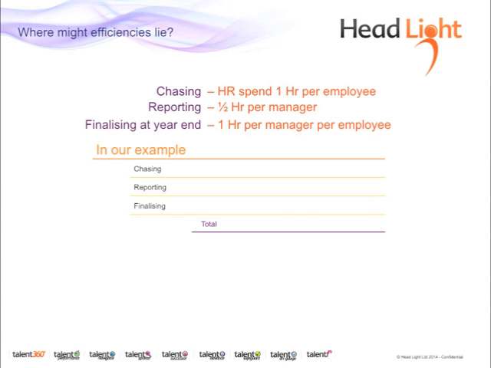If we look at simply chasing employees to get things done, at the reporting required for every manager around team strengths, team goals and objectives, team status, and at the whole finalisation process, which invariably comes towards the end of the year, around finishing off the reviews and providing final ratings and scores that may be used for pay and reward or bonus, then on average, these were the figures that HR organisations were saying they were spending, and we can quantify those in exactly the same way.